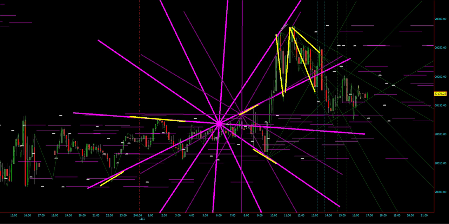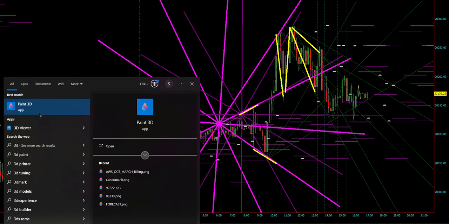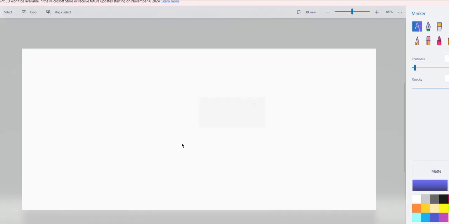Now you see how accurate this is, because remember one of the rules of Gann, let's talk about it. If I'm a person here and I have a ball, and I say throw it the maximum distance, what angle will you throw at?